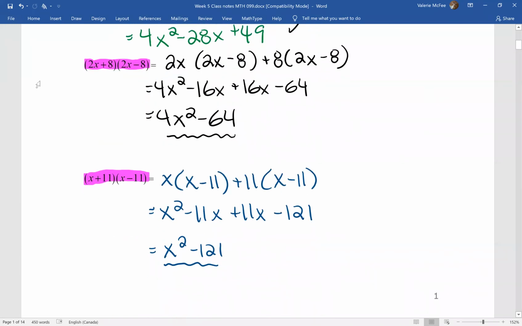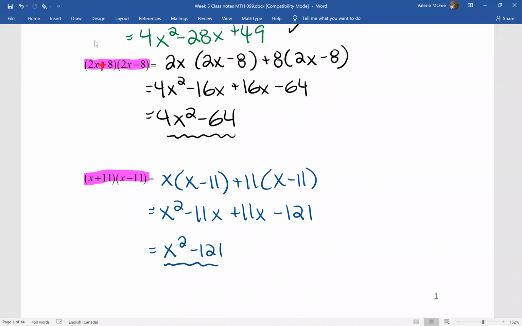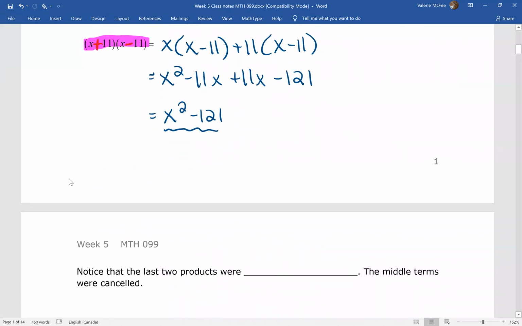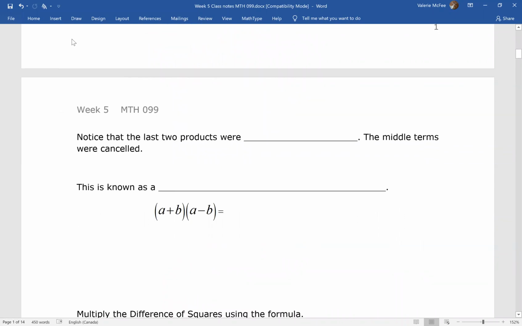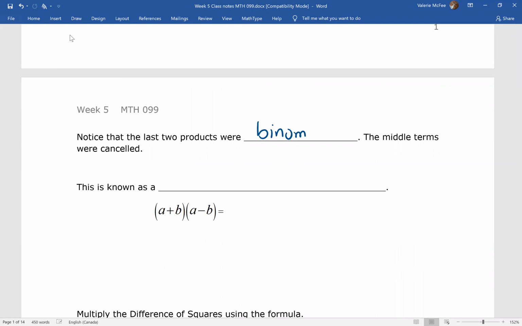These 2 binomials are almost the same, but not quite. We have a plus 8 and then a minus 8. We have a plus 11 and then a minus 11. These last 2 products were a binomial because the middle terms were canceled.